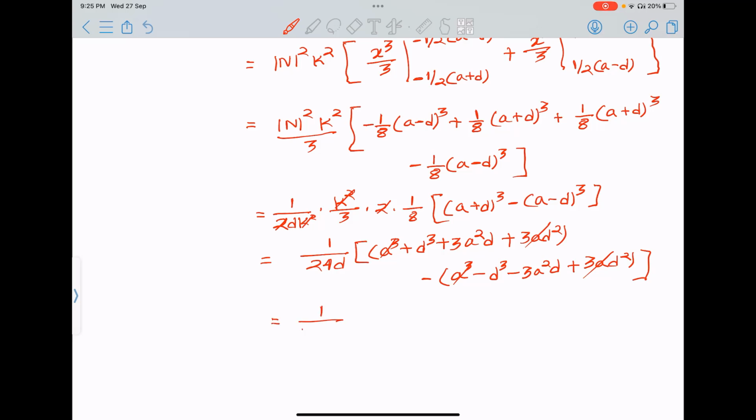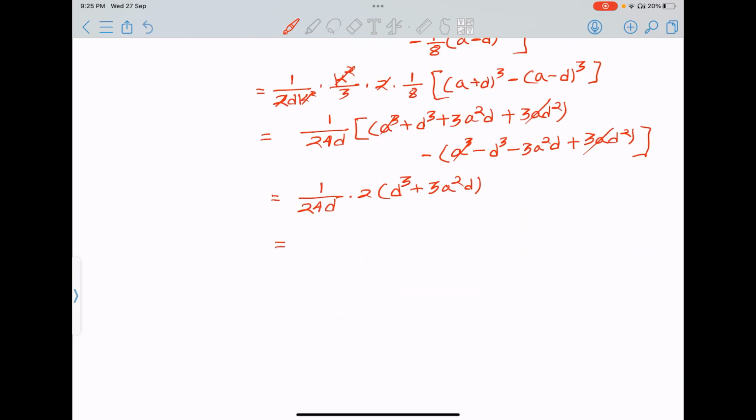So it will give me 1 upon 24d times 2 into d cube plus 3a square d. Right? So d can also be taken as common. So it will be 12. So 1 upon 12d into d common if I take, then I can write it down as d square plus 3a square by 12.